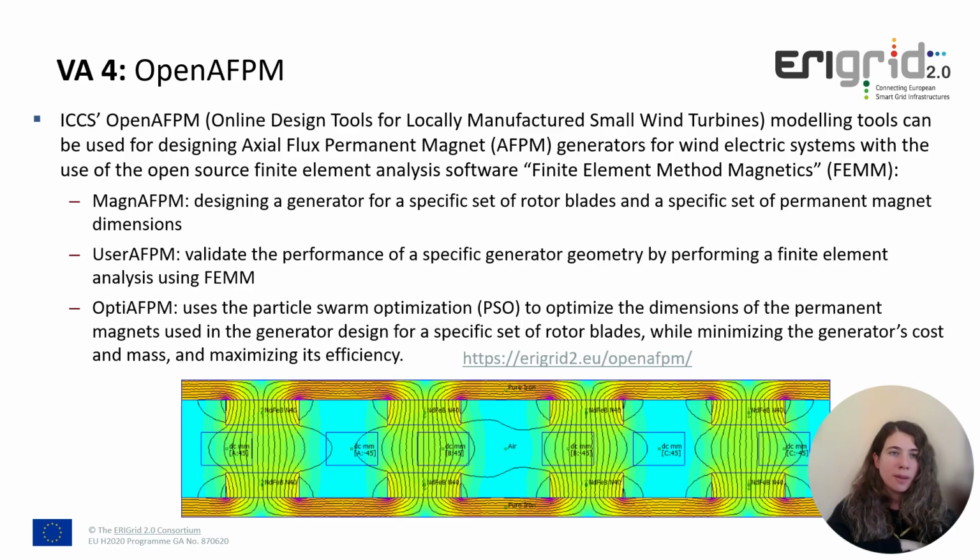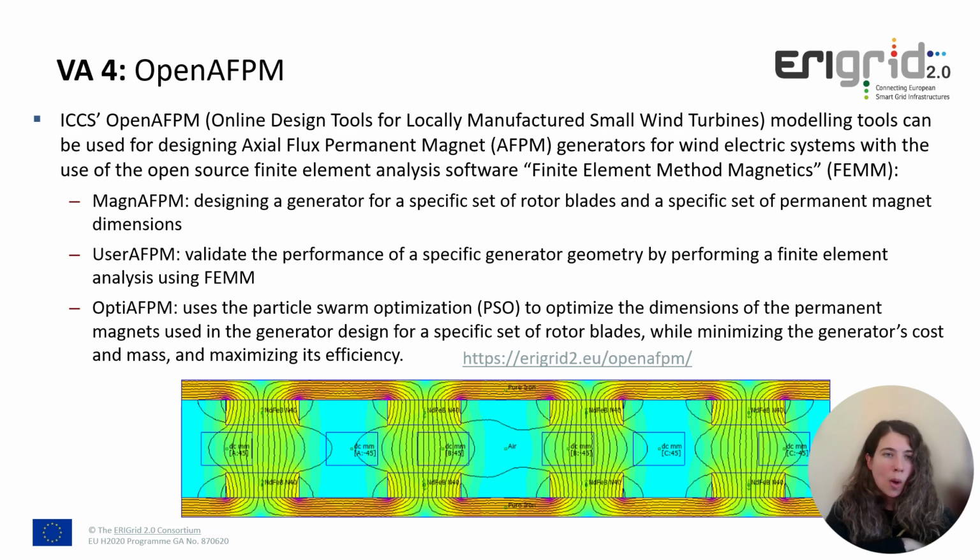The first one, the Magnet AFPM, allows the design of a generator for a specific set of rotor blades and a specific set of permanent magnet dimensions. The next one, the User AFPM, can be used for validating the performance of a specific generator geometry by performing a finite element analysis using FEM.